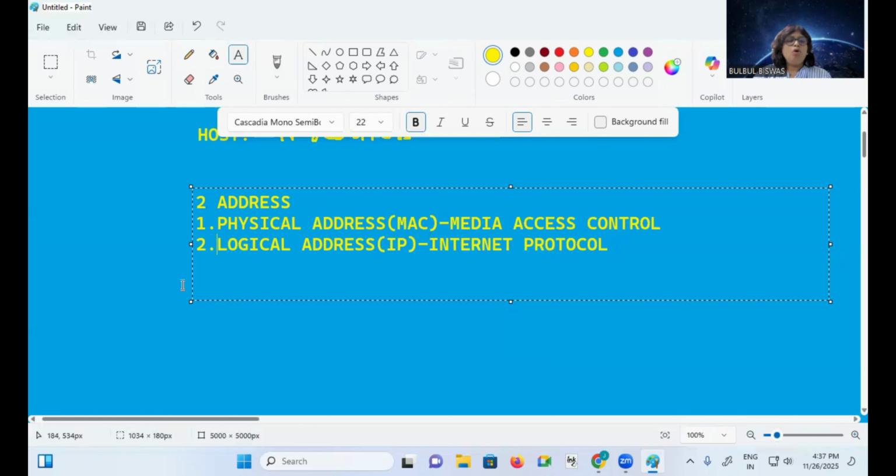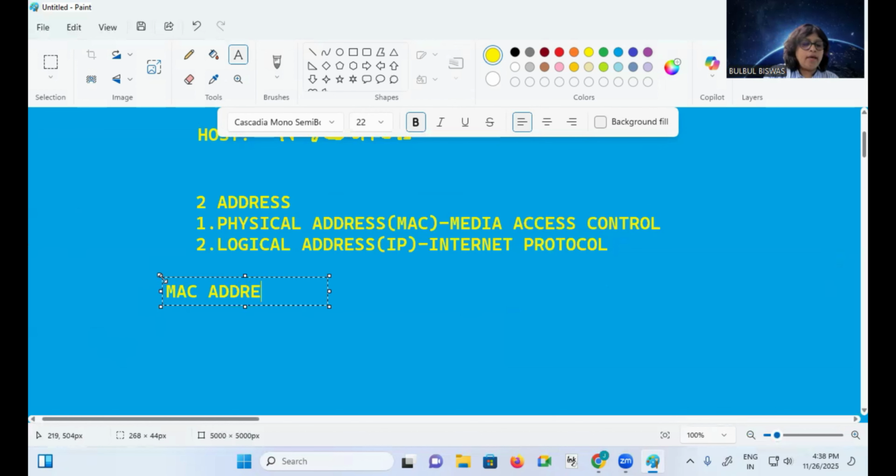Okay, now first of all we'll see the physical address, that is the MAC address. What is this MAC address? Every device which is capable of networking must have one component called the NIC, the Network Interface Card.